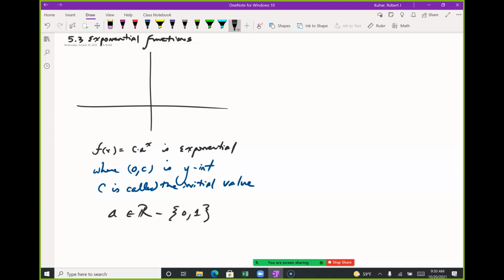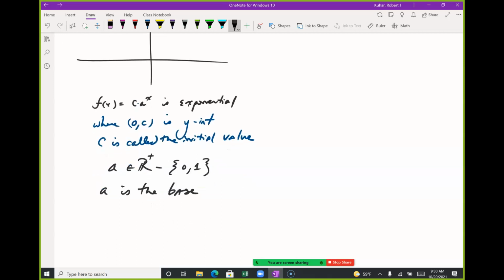A is in the positive reals, not 0 or 1. So A is the base. If A is between 0 and 1, the function is decreasing.